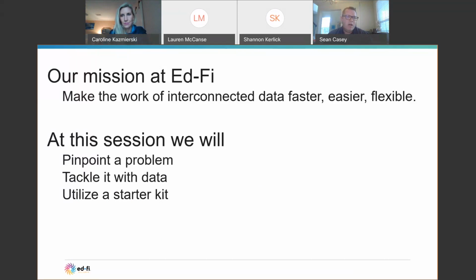And at EdFi, our mission is, it's simple to say, it's not simple to do, but it is to make that work of interoperable data or interconnected data faster, and to make it easier to do, and to make it more flexible and adaptable, which after the year we've all had together in the pandemic and supporting remote learning and all of the changes that school systems have grappled with this year, it's never been more important to get data and to get insights from that data out of all of these technology systems that you utilize.